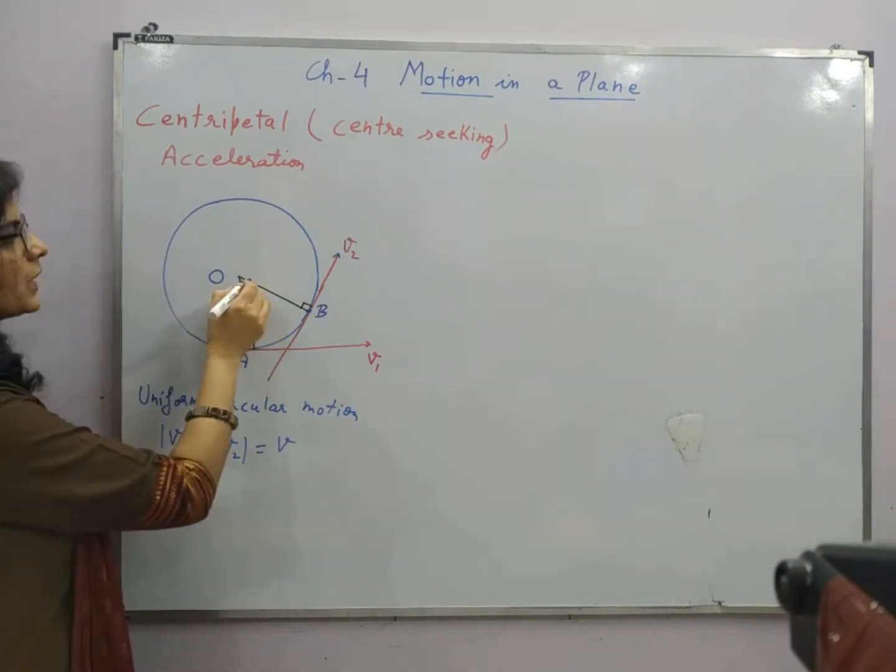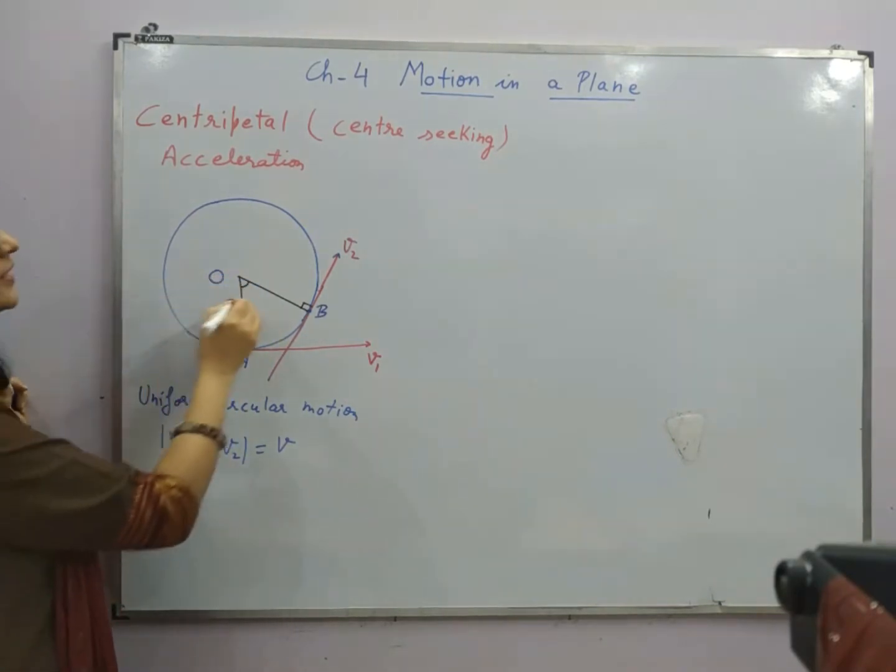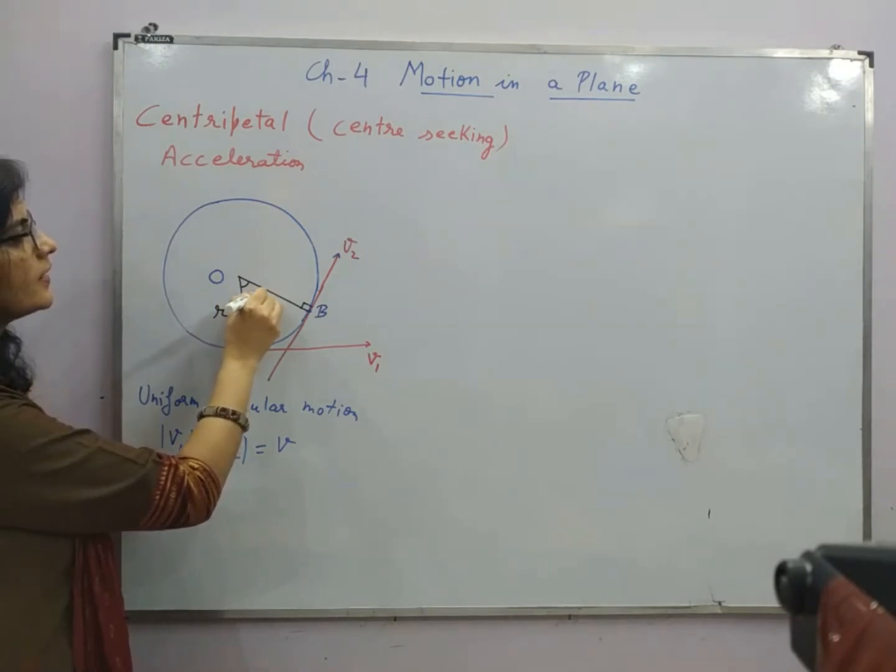Suppose from A to B, the angle made is delta theta.